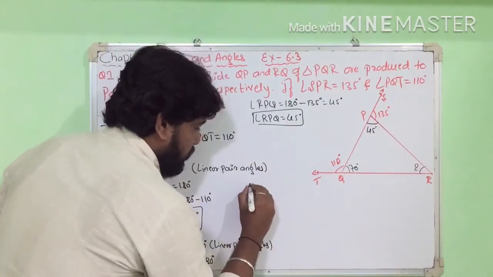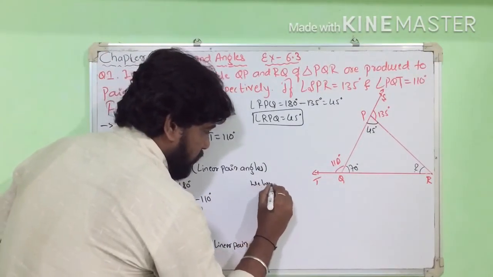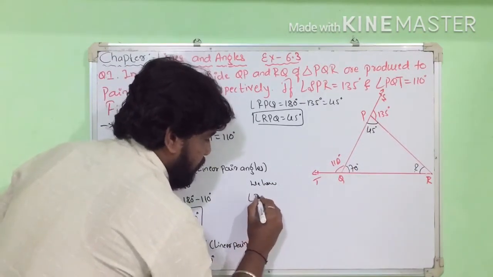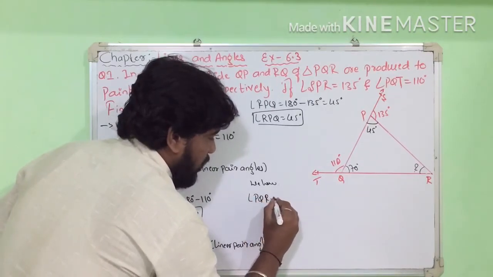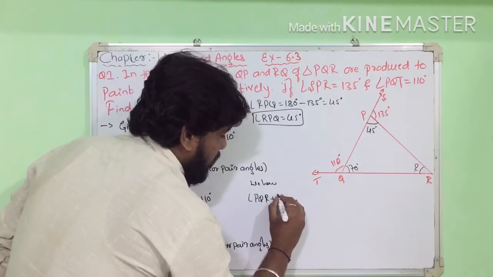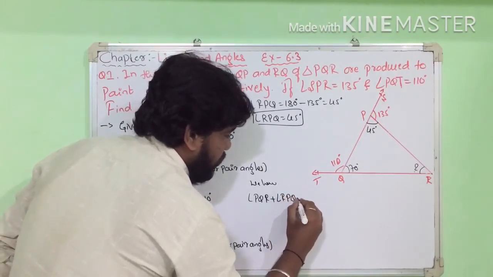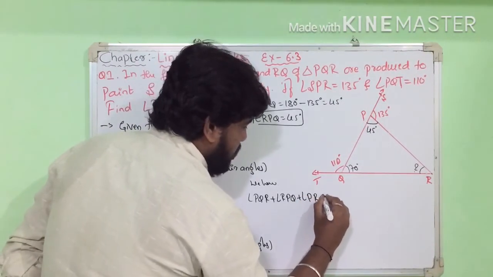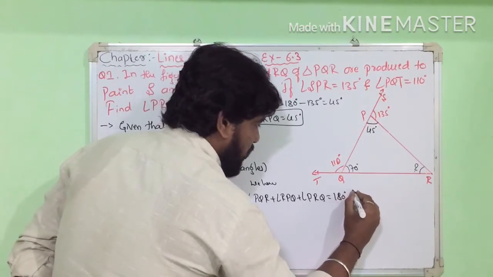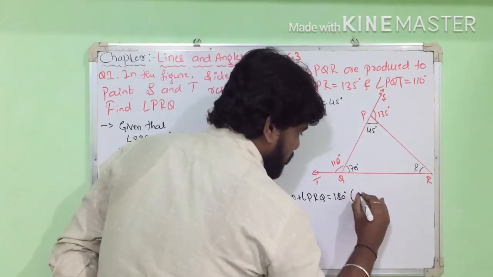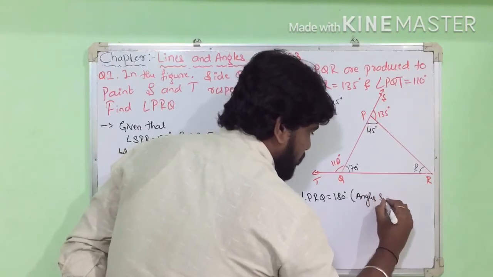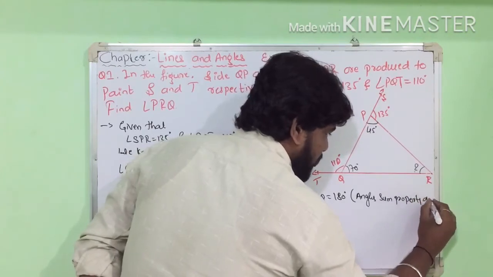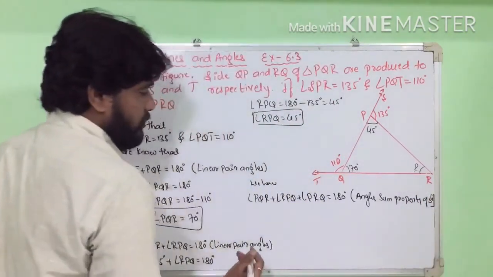So here the sum of these three angles: angle PQR plus angle RPQ plus angle PRQ is equal to 180, the angle sum property of a triangle.